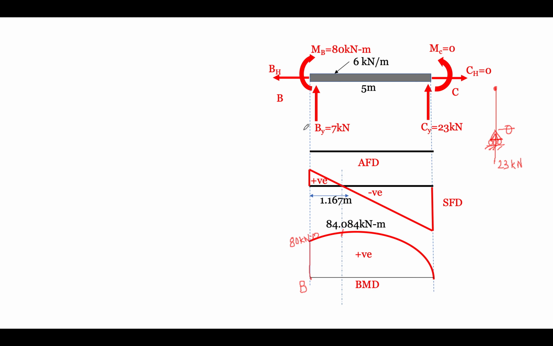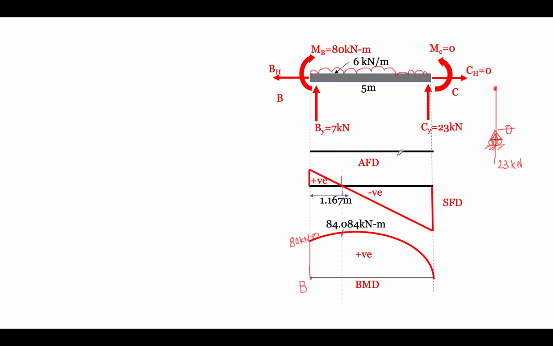How have we calculated it? We considered bending moment at this point, and arrived at 84.084 kilonewton meter. Because this is a UDL, a uniformly distributed load, our bending moment variation will be parabolic, so we have to draw a parabola. This completes our second part of the beam.